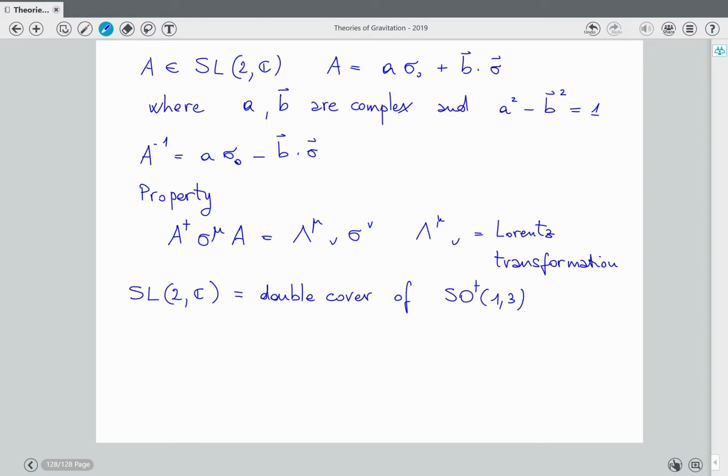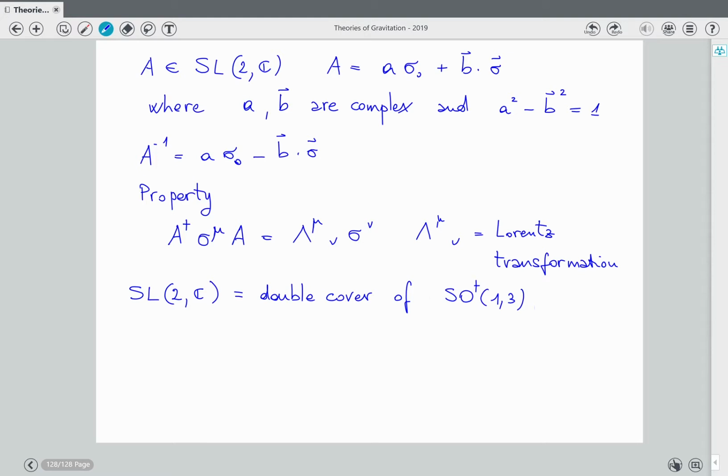Why double? Because you see here we need a relation from matrices A to lambda, and it will never be unique, because anytime you find A, minus A will also be good. So you cannot associate just one A to a matrix of SO plus 1, 3, but two.